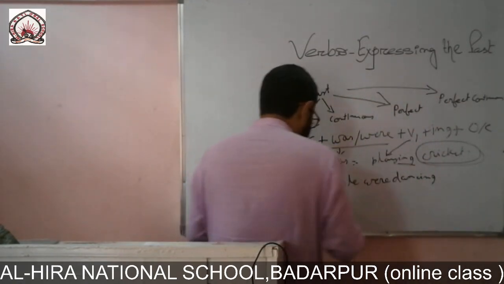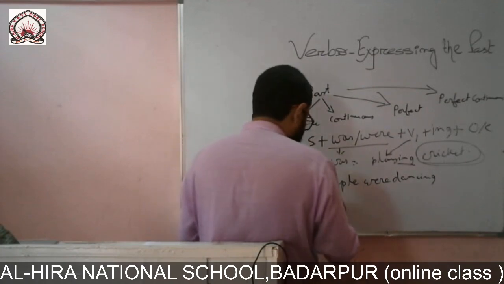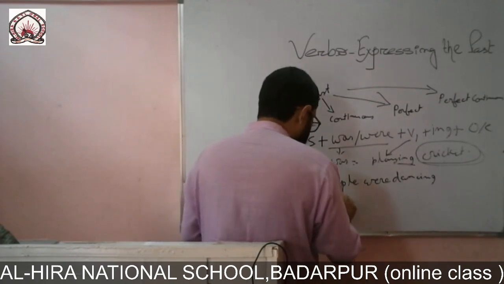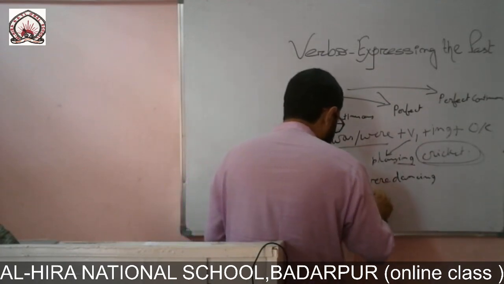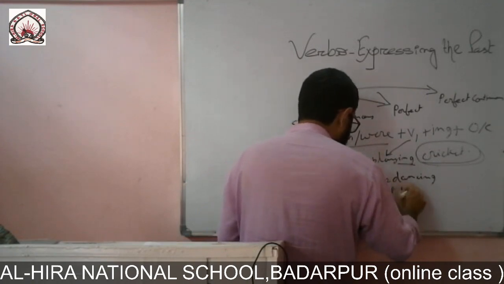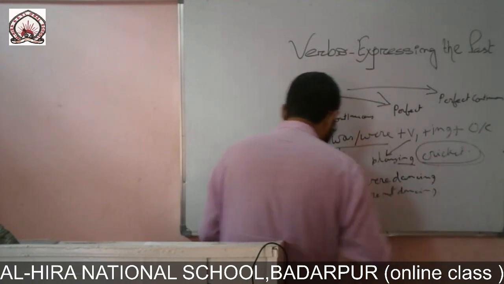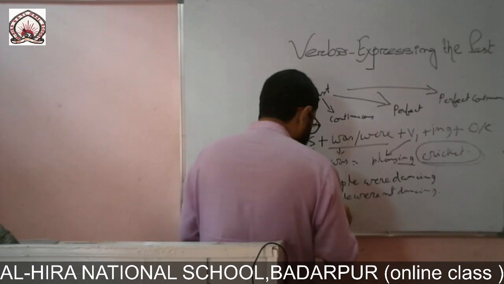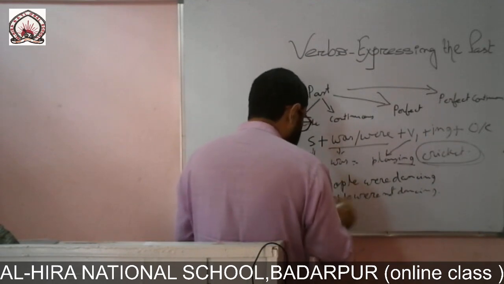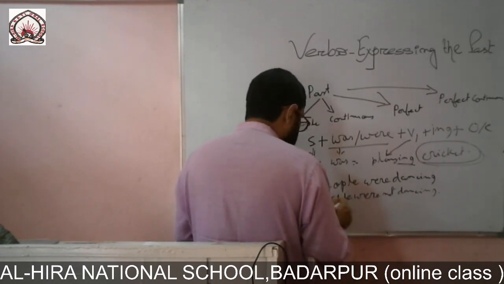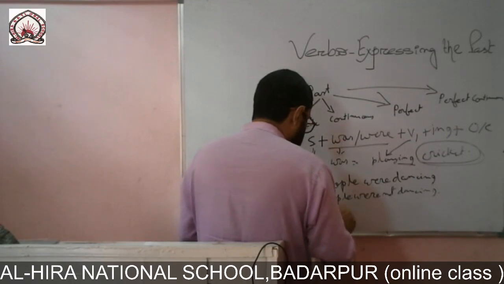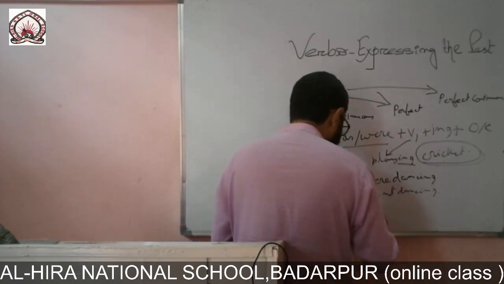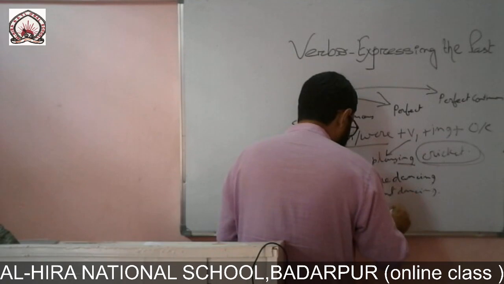Negative: people were not dancing. Interrogative: just put the auxiliary verb before the subject and remove this not. Were people dancing?